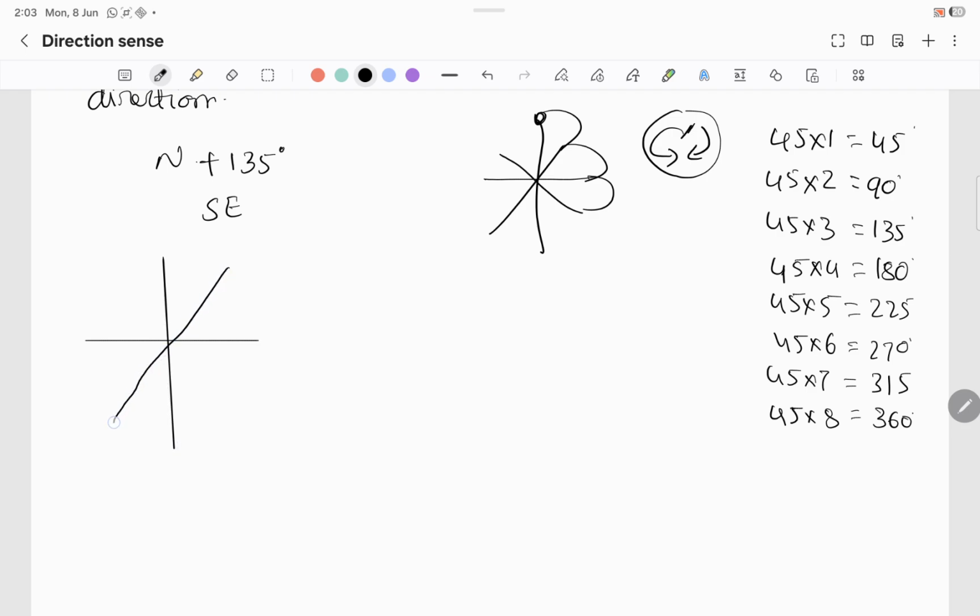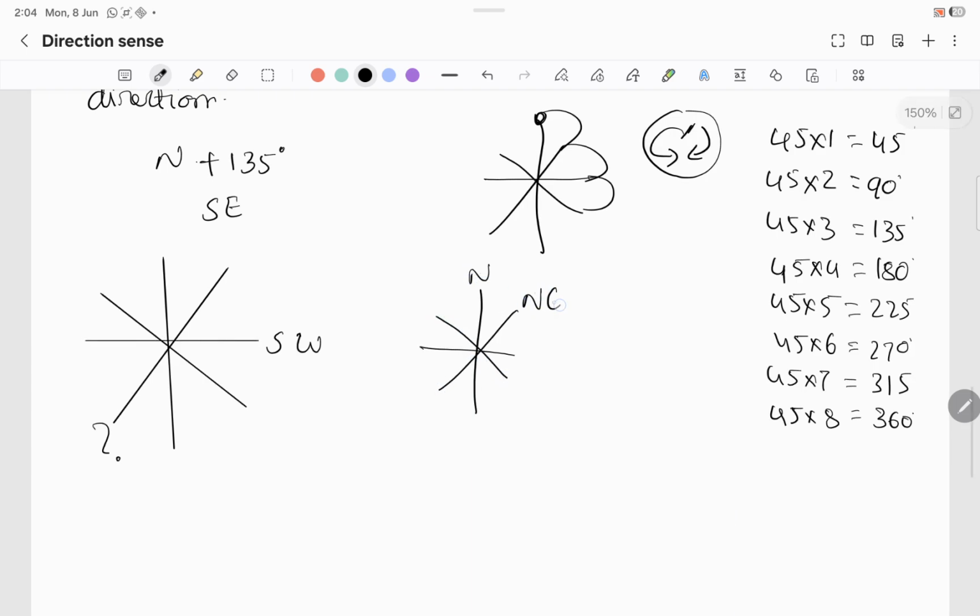In these questions they will ask like this: if it is given southwest, then what about this direction? In this case, either imagine or draw the original pointer. Now north, northeast, east, southeast, south, southwest, west, northwest.